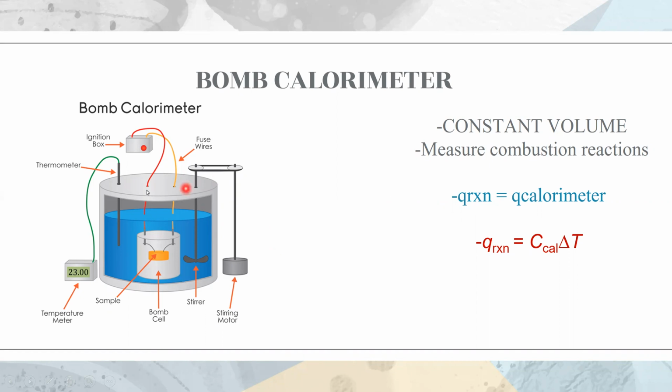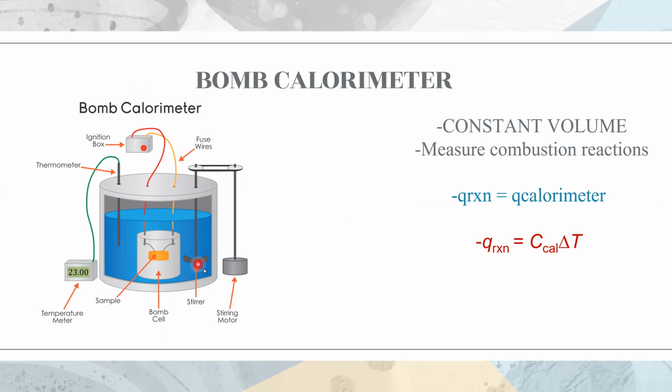And of course, there are a lot of different things that could change the actual temperature, for example, the thermometer or the stirrer or any of the other things, even the bomb cell, its weight and everything. Instead of trying to figure out the heat of every single one of those components of the calorimeter, we just need to calculate one heat capacity for the whole system.